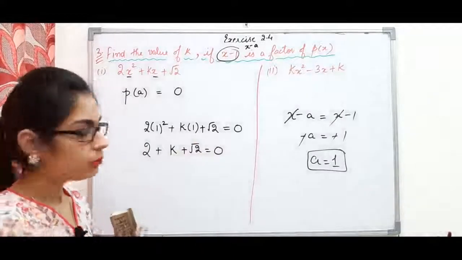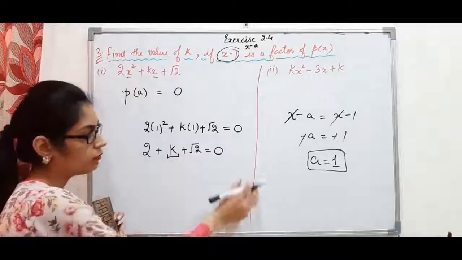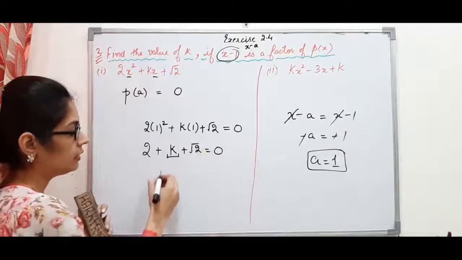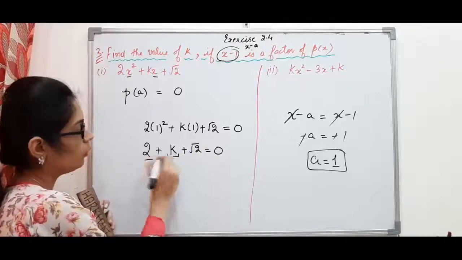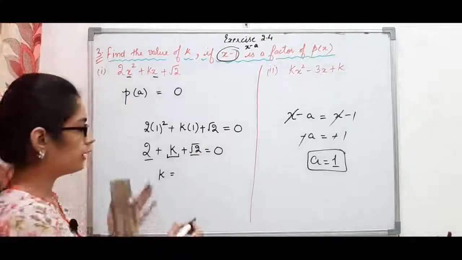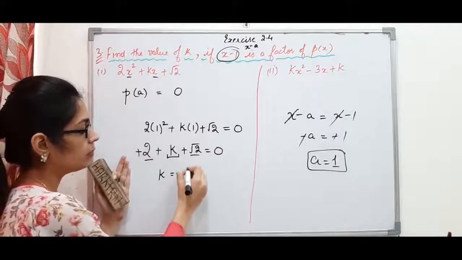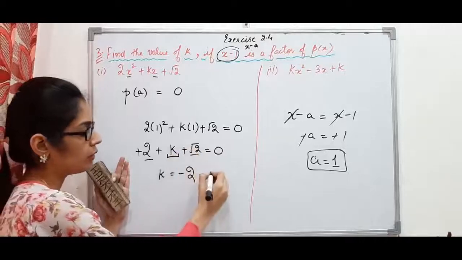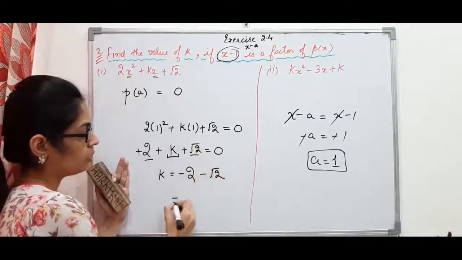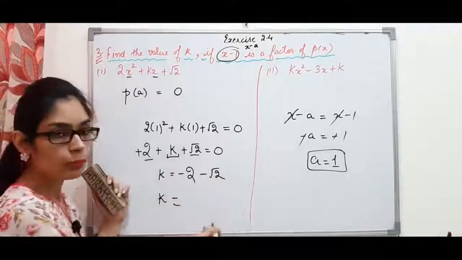So whichever value you have to find, just keep k on this side and shift all the other terms to the other side. So I will do it like this: k, and this 2 and this root 2 I will shift to the other side. This is with plus, so on shifting sides it will change into minus 2. Same goes here also, plus root 2 will change into minus root 2. So minus k is equal to minus 2 minus root 2.